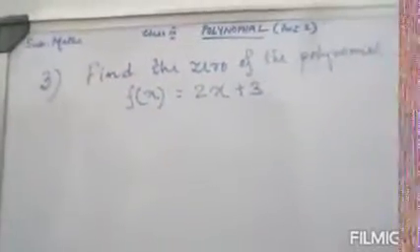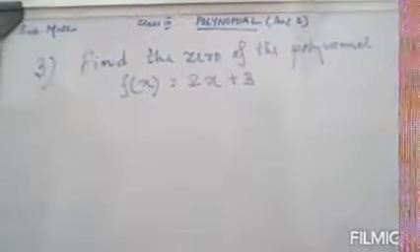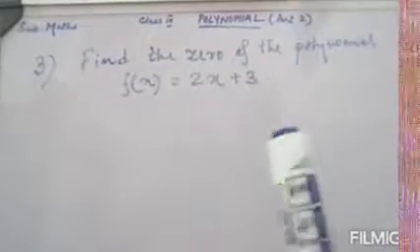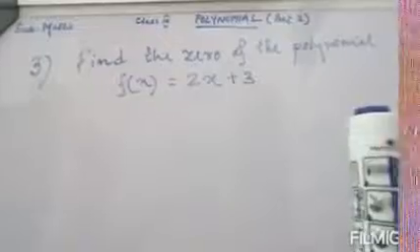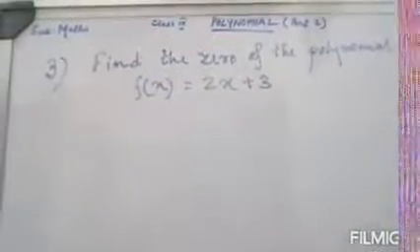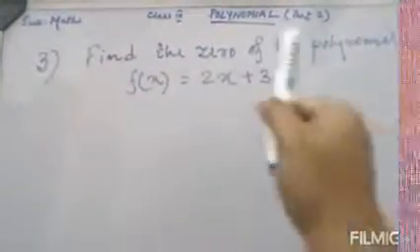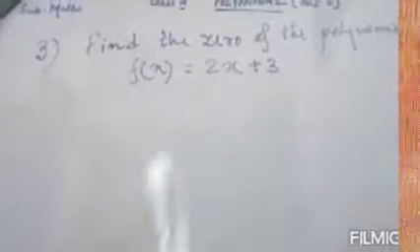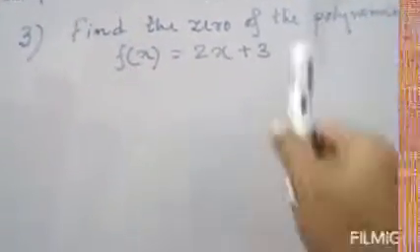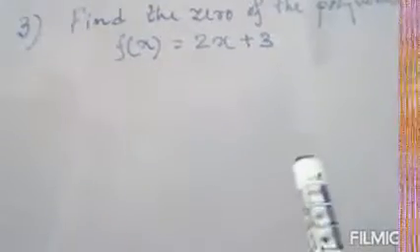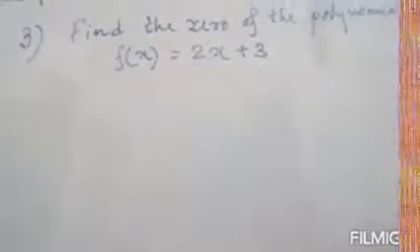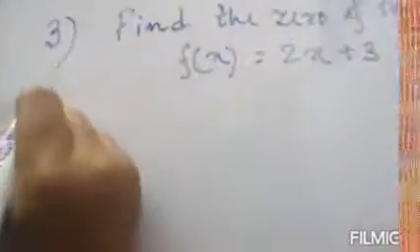Now what is the 0 of a polynomial? 0 of the polynomial means at what value of x the whole expression, or the value of the polynomial, will come as 0. So let's find it out.